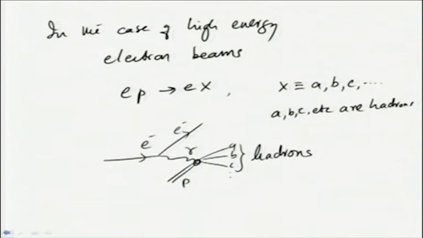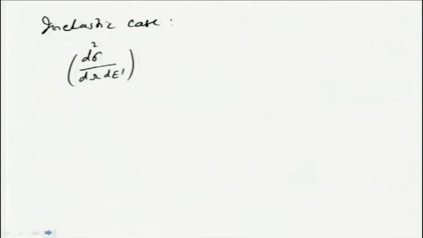If you look at the earlier picture, e p going to e X, X need not be a particular particle, right? It can be many different hadrons. In that case, the energy of the electron will not be fixed. It will vary depending on what the other particles are, what their masses are and what their energies are, etc. So, we will get an energy distribution for the electron in the final state.